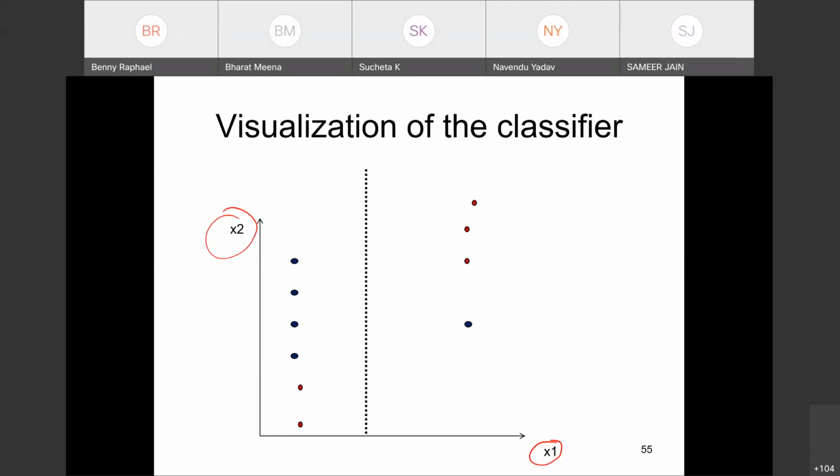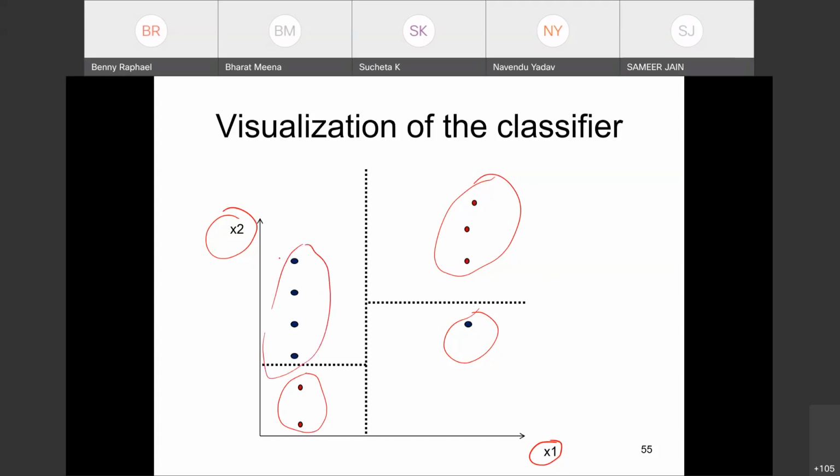For each of these subsets, you look for a variable to divide the subset into further subsets. For this subset, if you take the value of x2 and split it at this point, this becomes a homogeneous set and this becomes a homogeneous set. Similarly, if you divide at this point, you get a homogeneous subset here, and this is also a homogeneous subset.